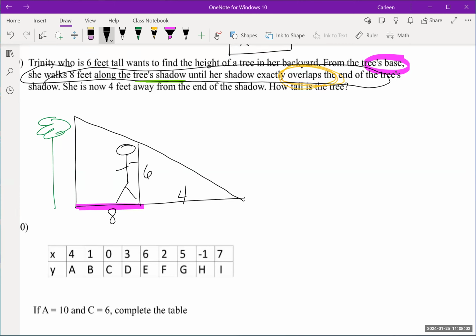Phew. Looks like I did it right last year. Does everyone see that she walks 8 feet along the tree shadow until her shadow overlaps? So this right here is 8. Okay. So these are overlapping triangles.